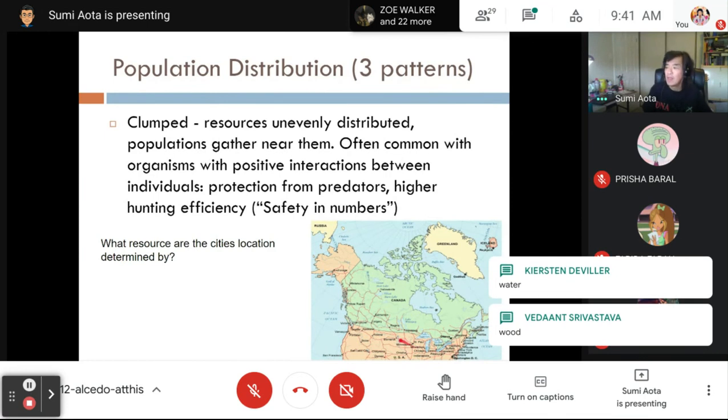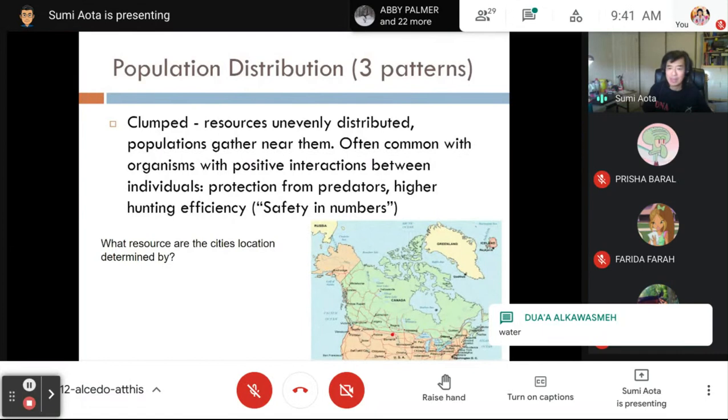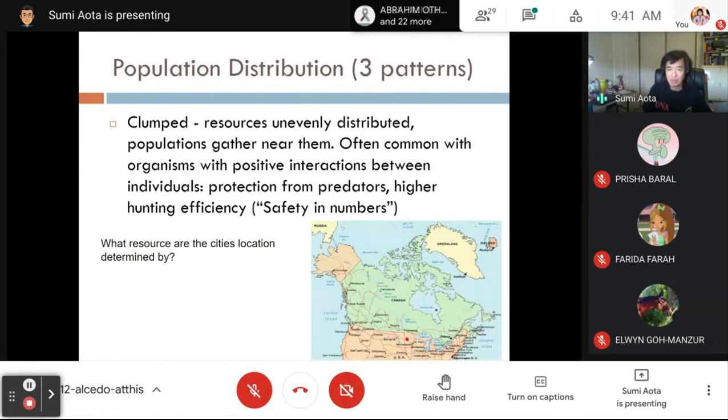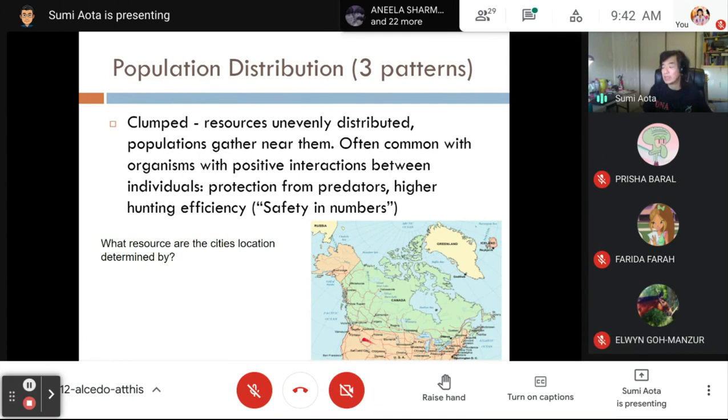Yeah, water. These are all by major rivers, because that's the major source of water for survival, as well as the major transportation system to get goods in and out. Even in the U.S., they're all pretty much next to major river systems.